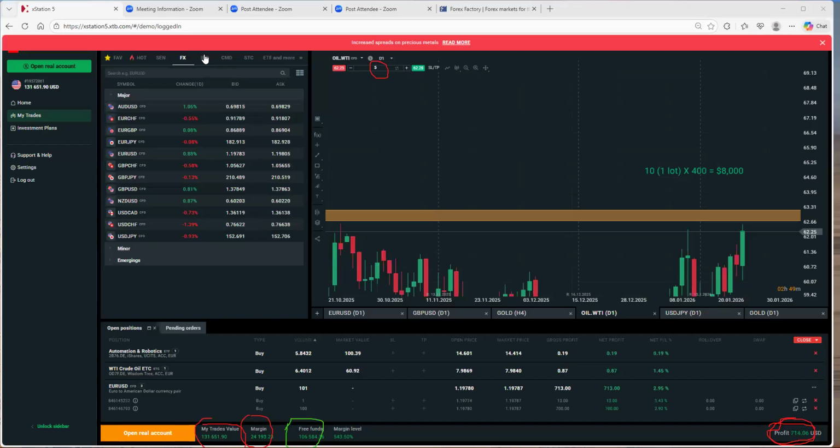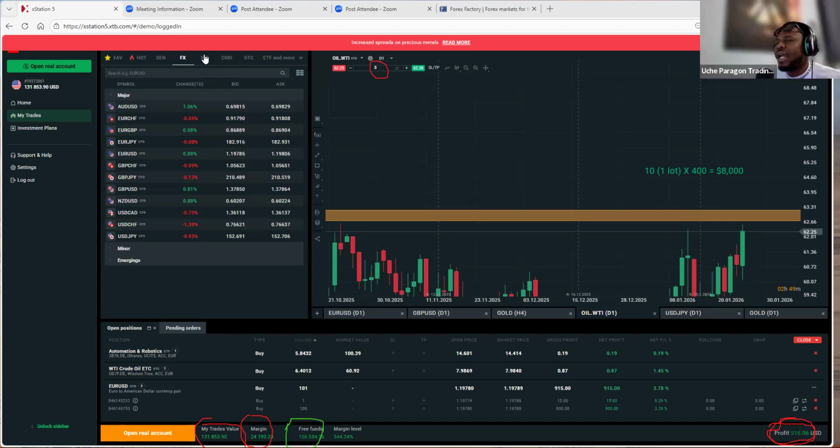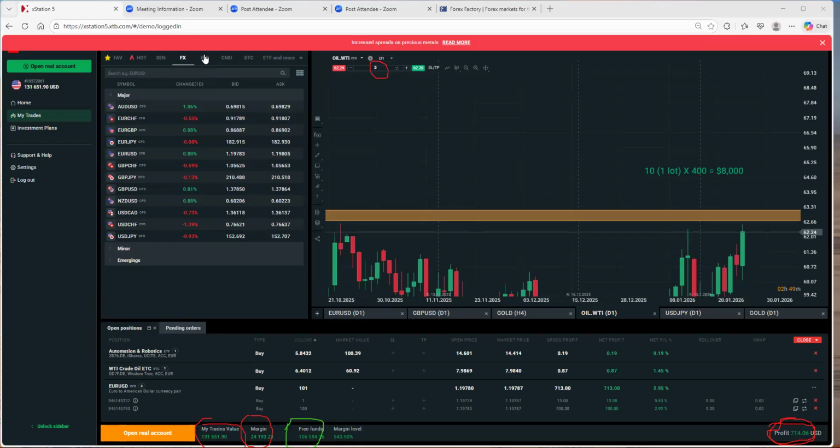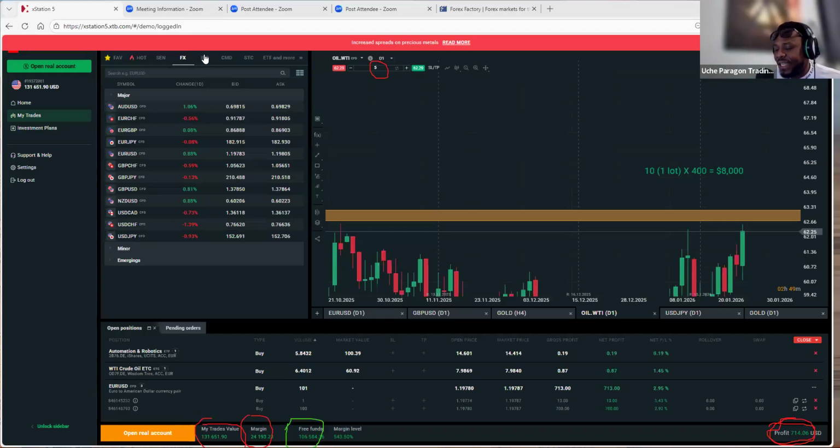So anytime I place a trade, my equity will be reduced by my margin. Anytime you place a trade, your free margin will be reduced because margin was taken.